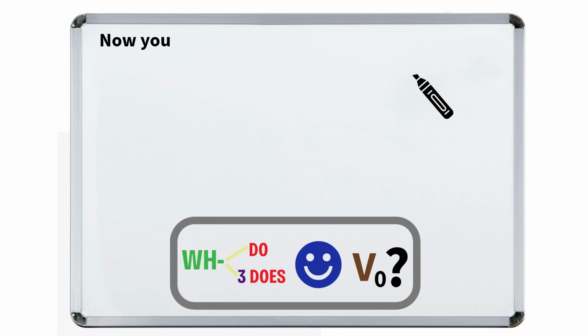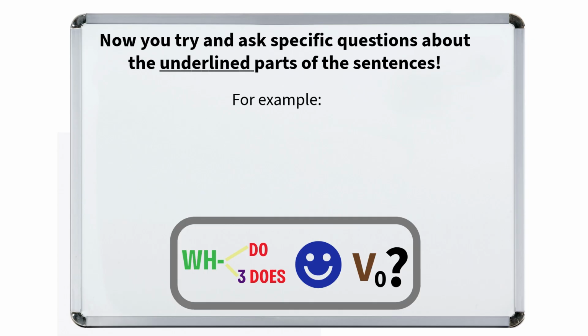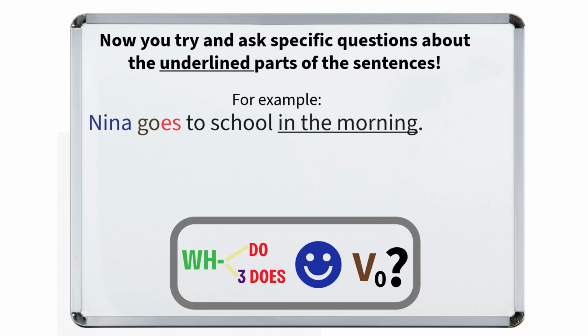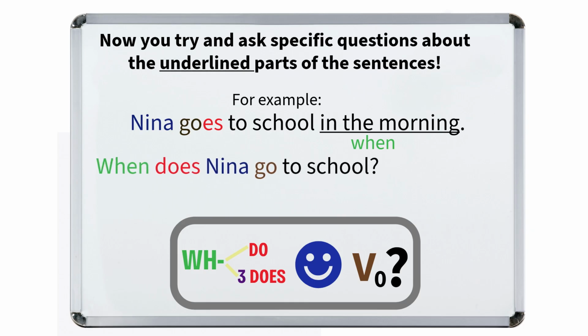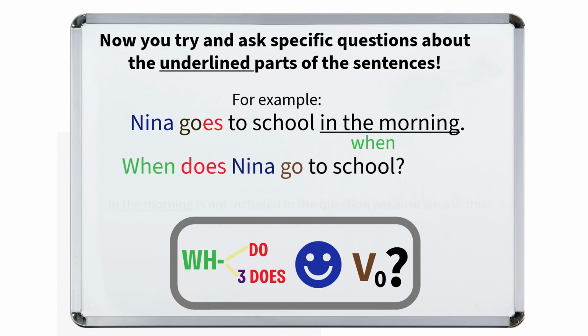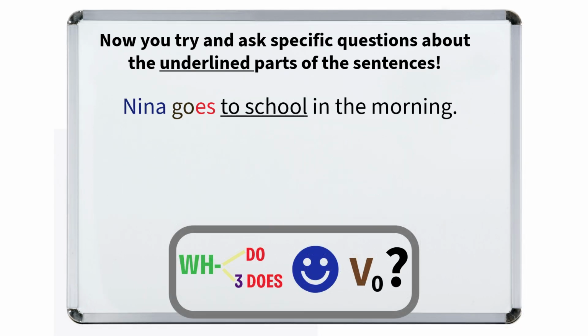Test yourself. Now you try and ask specific questions about the underlined parts of the sentences. For example, Nina goes to school in the morning. In the morning, when? When does Nina go to school? In the morning is not included in the question because we asked this question about this part of the sentence.